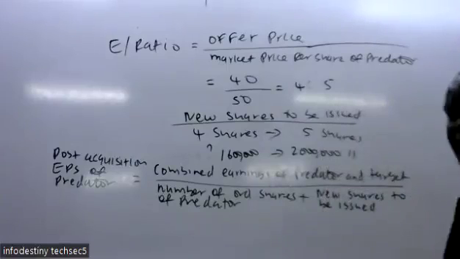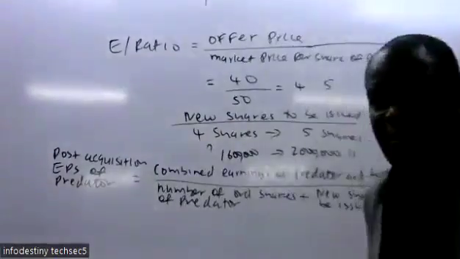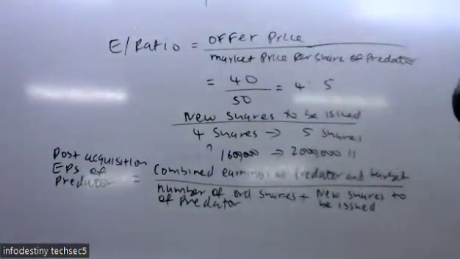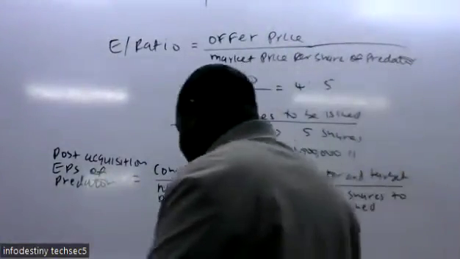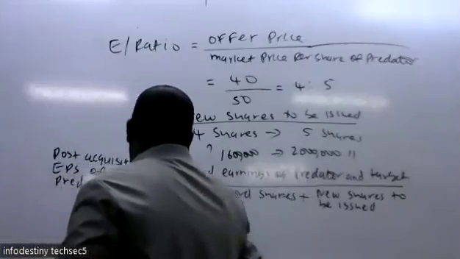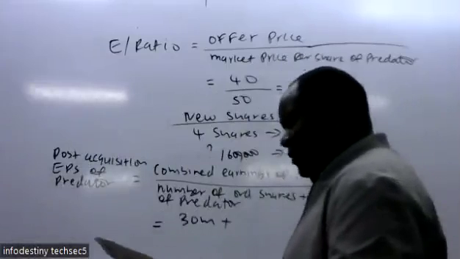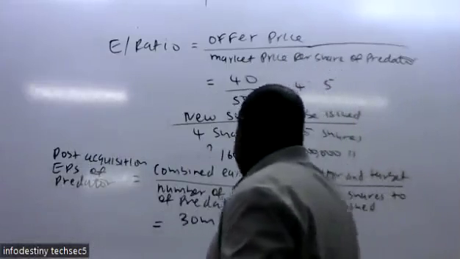So combined earnings are the net earnings. You just add them together. So Chilulu, it is 30 millions. Then for Roca, it is 12 millions.